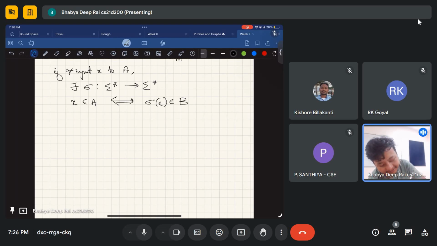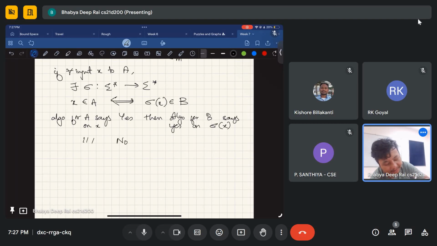It means that if the algorithm for A says yes on x, then the algorithm for B says yes on sigma(x). Similarly, if it says no on x, then the algorithm for B says no on sigma(x).